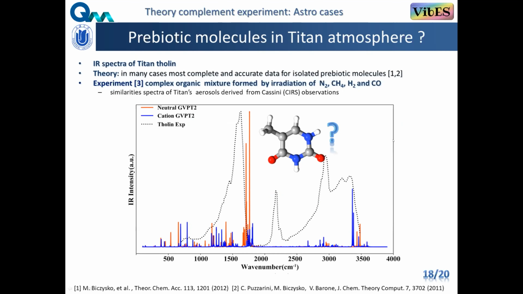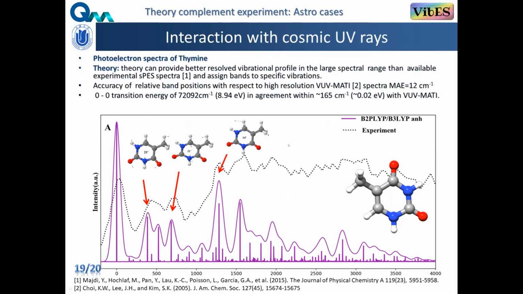If we go to the photoelectron spectrum, we can compare with experiment in the broad energy range, where I'm comparing the shape, and you can see that the experimental shape is quite broad. From the computations, we can get the stick spectrum, so we can have more detailed analysis.